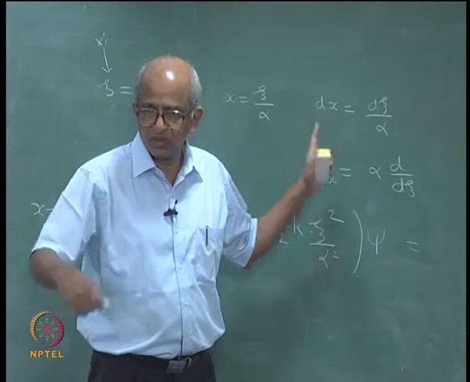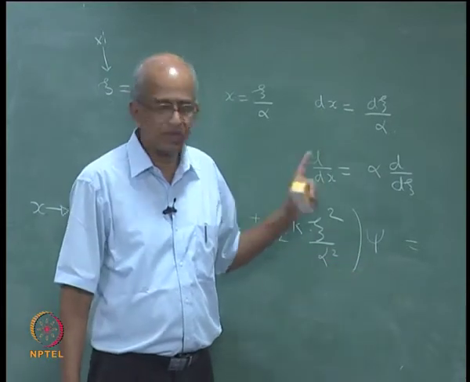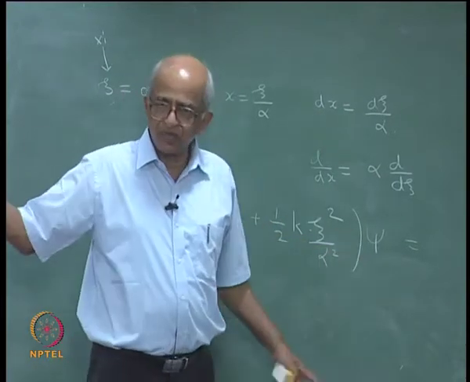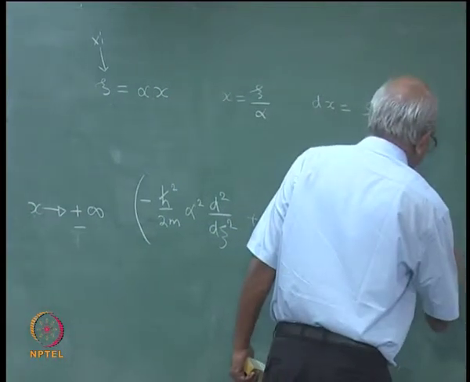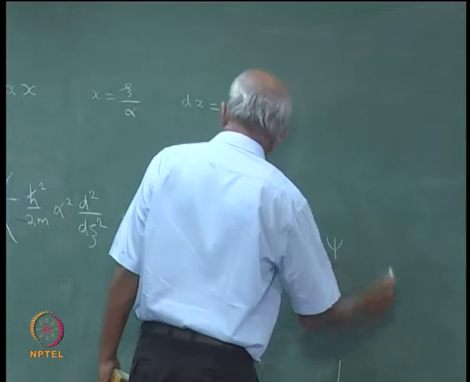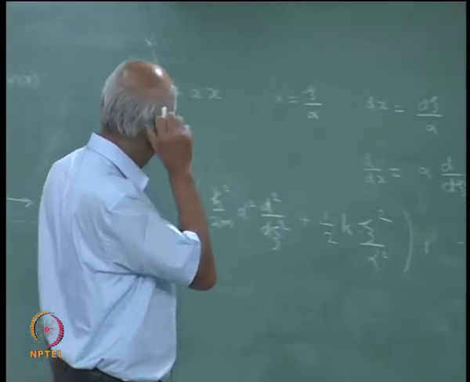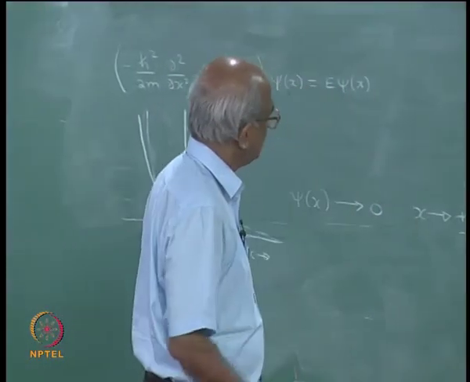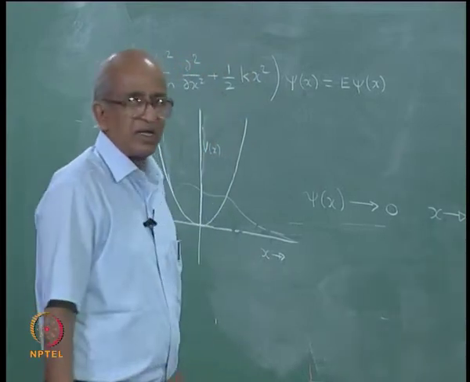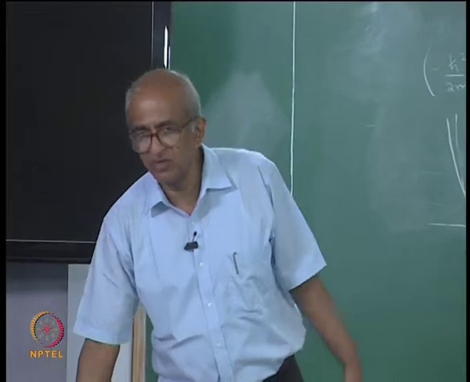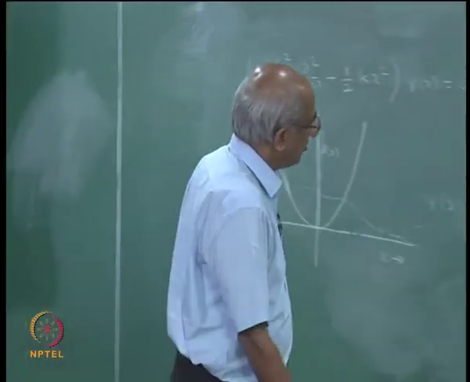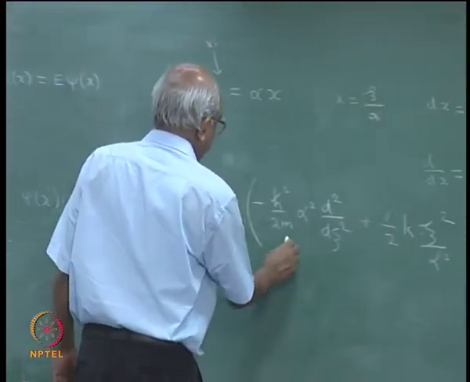It was a function of x, but now it is a function of c, and this is equal to E psi, that is the equation. Now, still I seem to have introduced an additional constant which I do not even know, but what I will do is I will divide throughout by this factor.